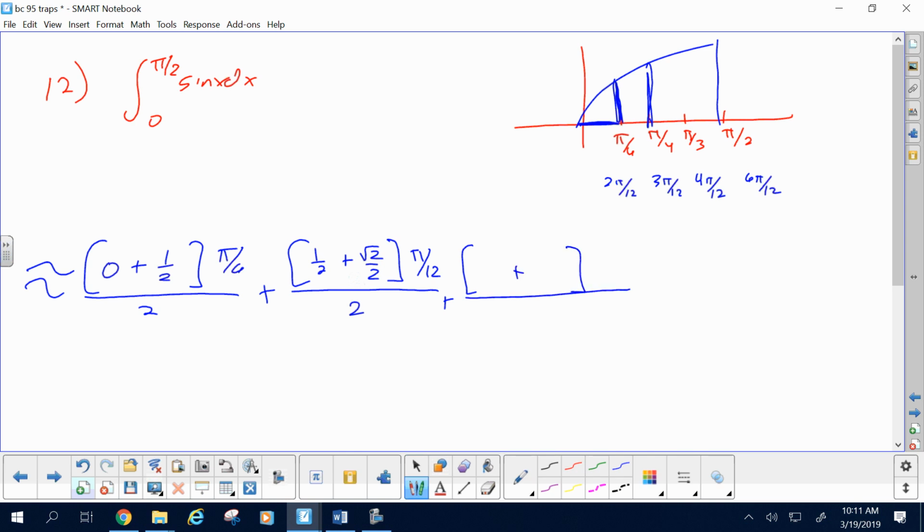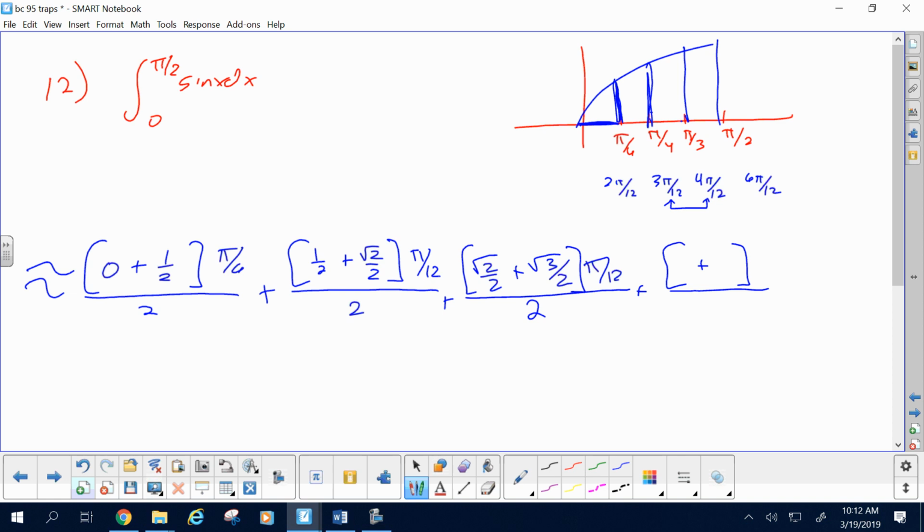The third trapezoid is, what height? It's from 3 pi over 12 to 4 pi over 12, so 1 pi over 12. The bases, our base 1 is sine at pi over 4, and sine at pi over 3, which is root 3 over 2, all that divided by 2 via the trapezoid formula.